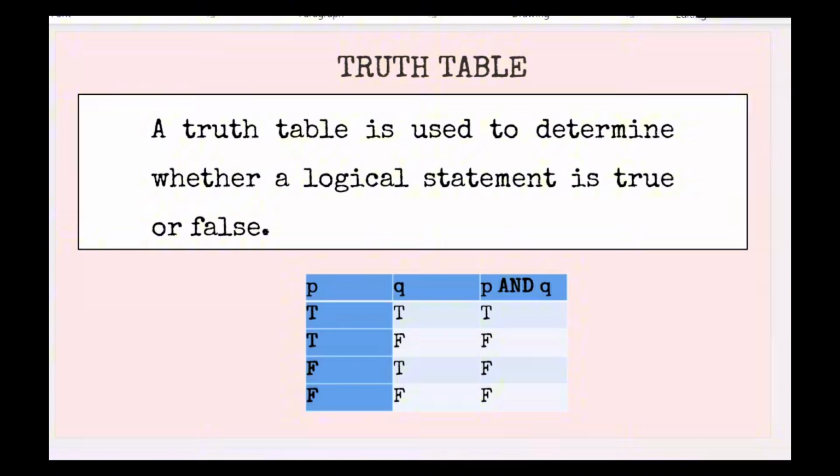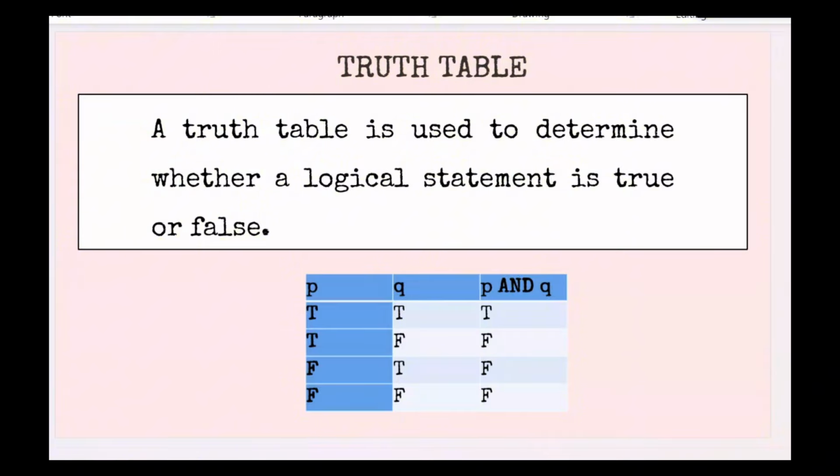Okay, next, look at the truth table. A truth table is used to determine whether a logical statement is true or false. For example, look at the table. If P is true and Q is true, then P and Q is true.